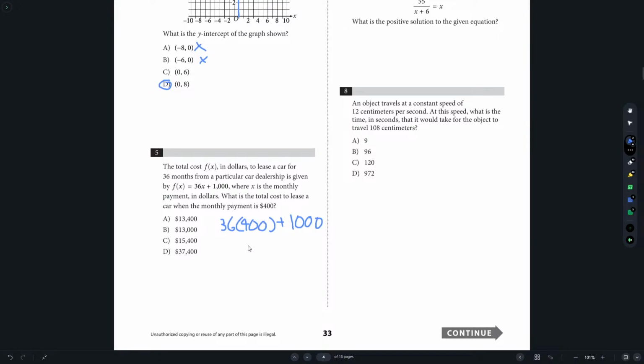So 36 times 400, maybe 12,000 actually. 36 times 400 is 12,000 plus 2,400, which is 14,400. And then you add 1,000, and that's 15,400. So C.